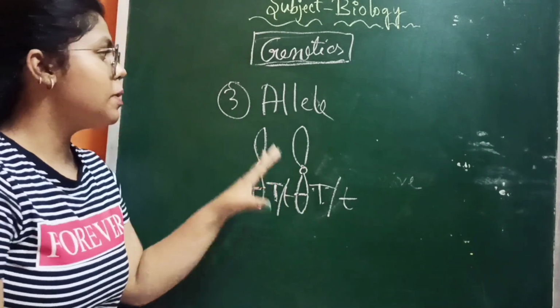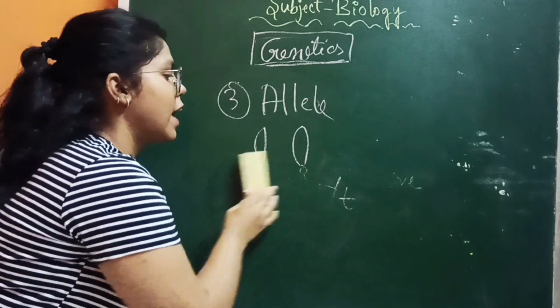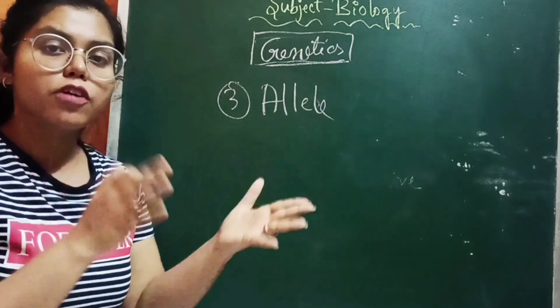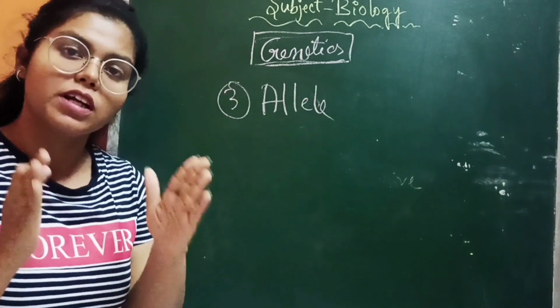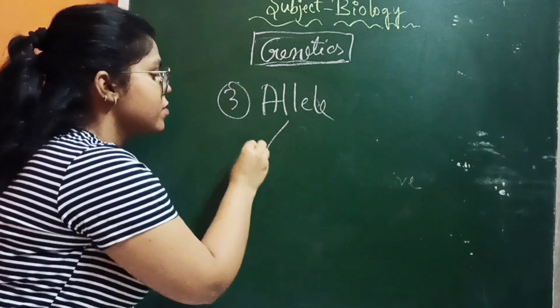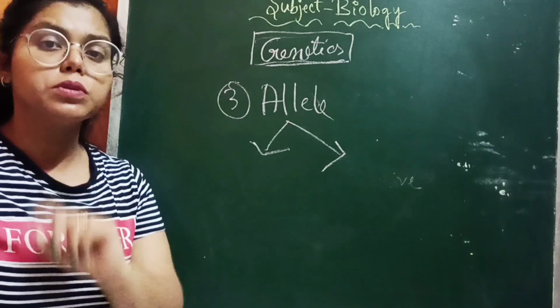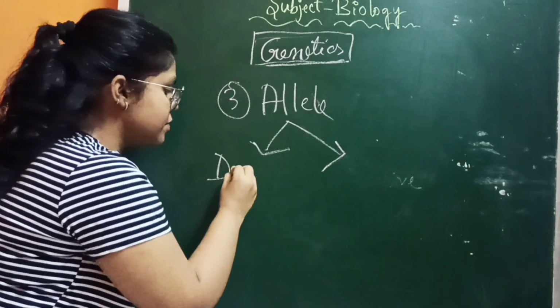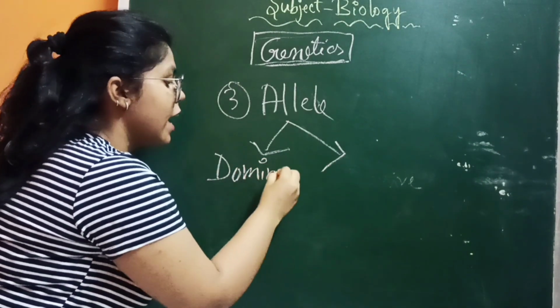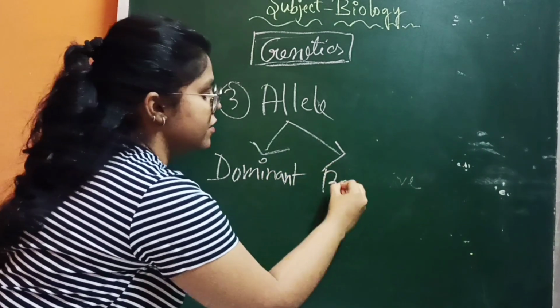So basically alleles are two alternative forms of a particular gene, and alleles are of two types. One is dominant and another one is recessive.